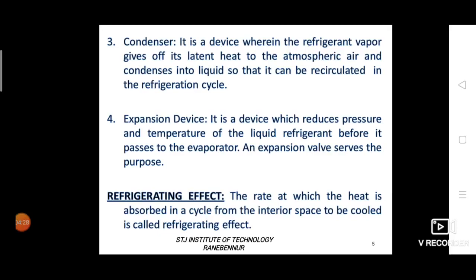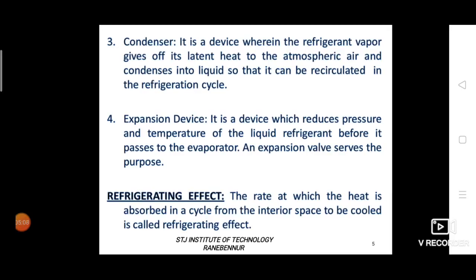Now, the expansion device. The liquid refrigerant which is at high pressure and somewhat higher temperature passes through the expansion device, and expansion of the refrigerant takes place. As a result, the pressure and the temperature of the refrigerant decrease. I told you that at the beginning of the evaporator coil tube, the refrigerant is in the liquid state with lower pressure and lower temperature.